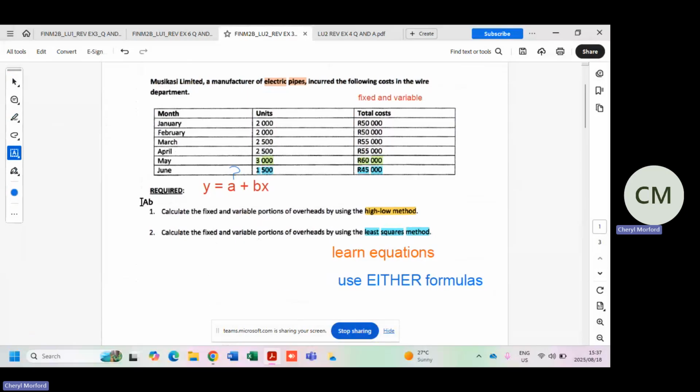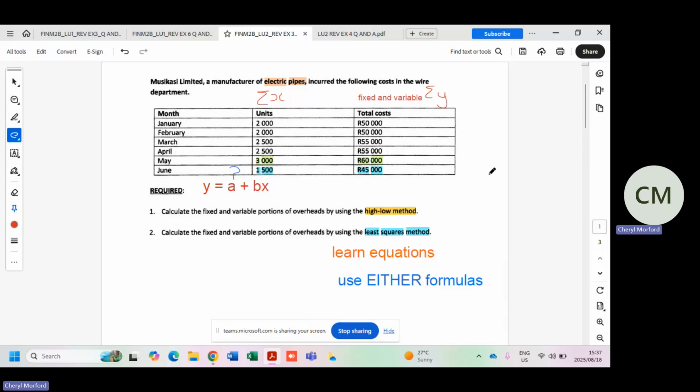All right, so just to make sure that everybody knows here, units is X, total cost, Y. So I'm going to copy those, add them up, and I'm going to get sum of X and sum of Y. That's very easy. You would only get half a mark each because you're copying the numbers from here.